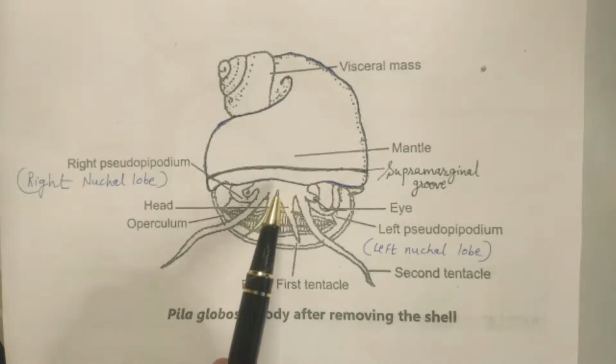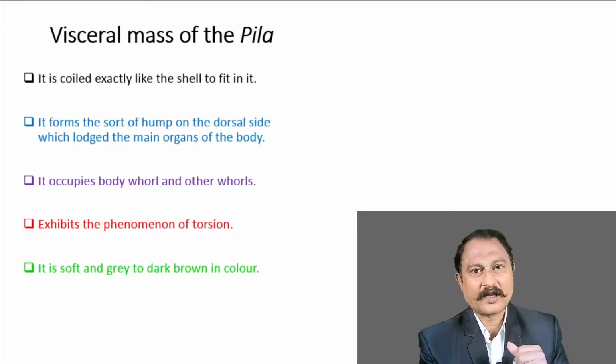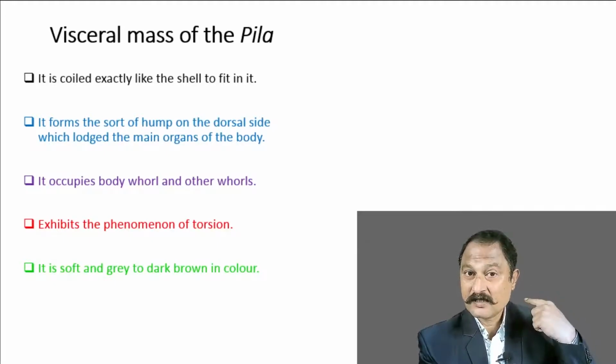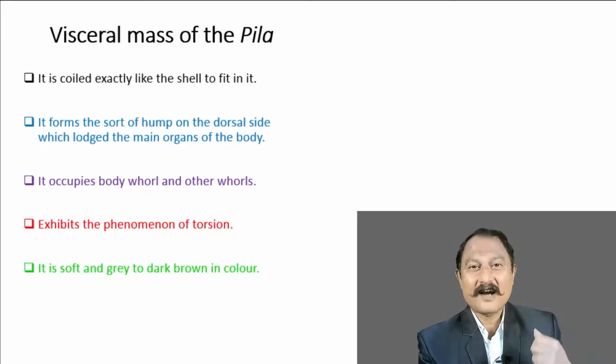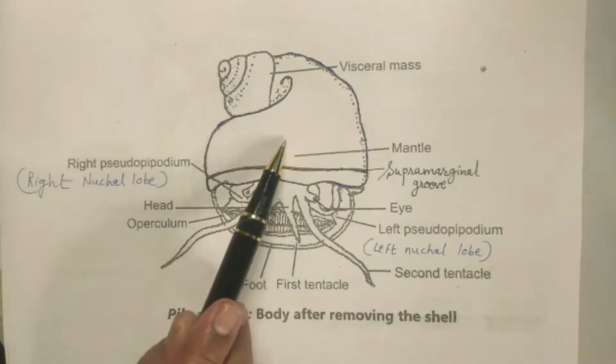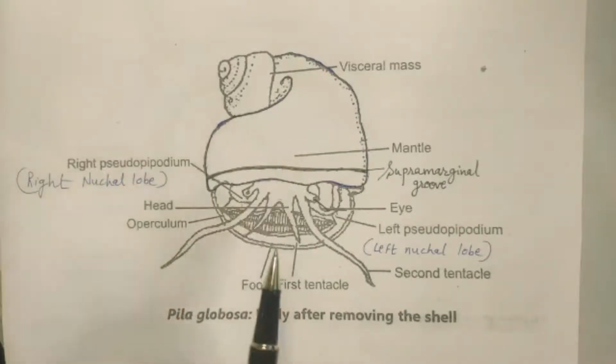We know the body parts of a human being. Our back is the dorsal side, our chest is at the ventral side, and our head is at the anterior side. Here, the visceral mass is situated at the dorsal side, the foot at the ventral side, while the head is situated at the anterior side.